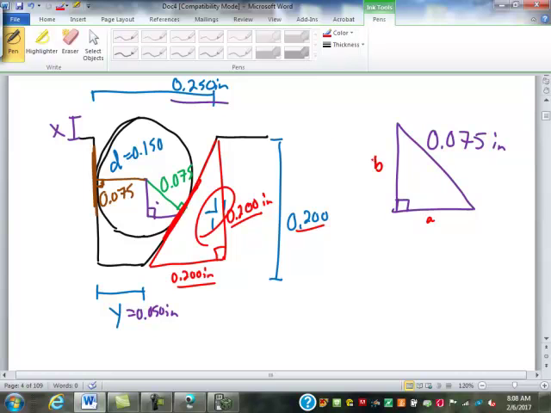So what I can do is this. I can just say B equals A. So this is side A and this is side A. Now this is a right angle. How do I know it's a right angle? Yeah, vertical and horizontal are always at right angles to each other, right? Vertical has to be at a right angle to horizontal. So now we can use A squared plus A squared equals 0.075.